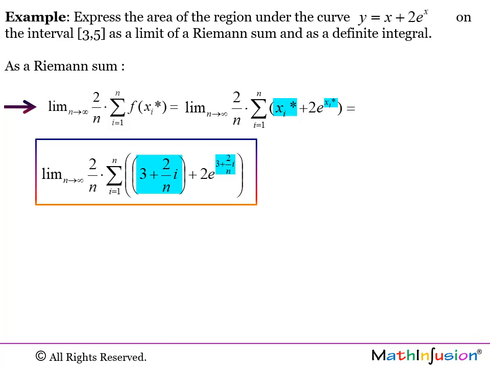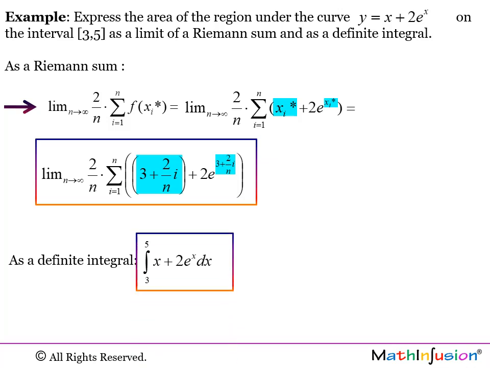As a definite integral, the limits of integration are 3 for the lower and 5 for the upper, and the integrand is just x plus 2e to the x, and we get this.